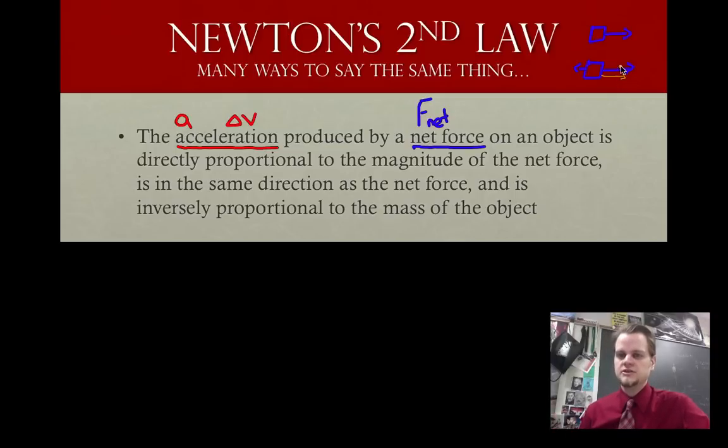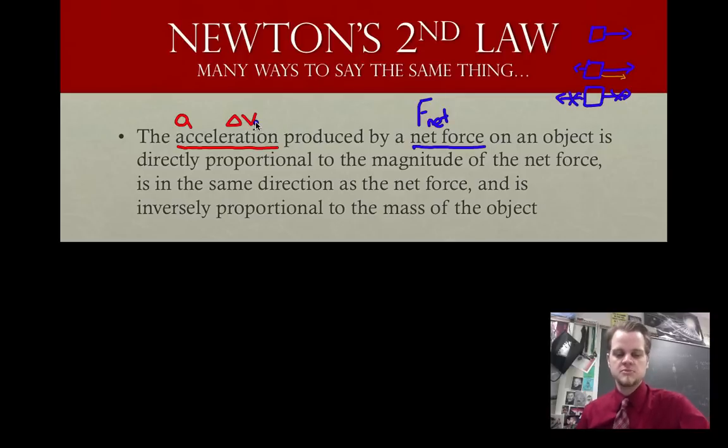It's kind of like this force minus that. So the net force is in that direction. Meaning also that if you have the exact same force going in opposite directions, there's no net force. These two forces cancel each other out, so there's no net force, which means there's no acceleration.